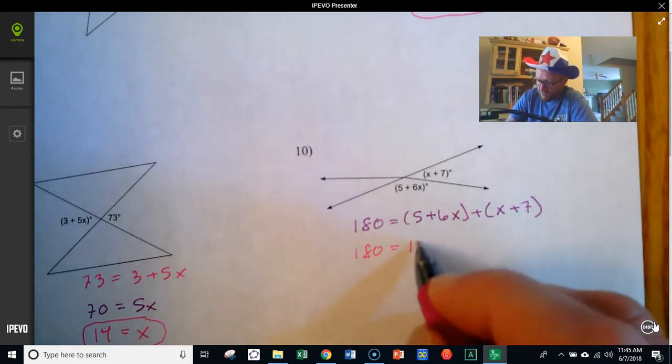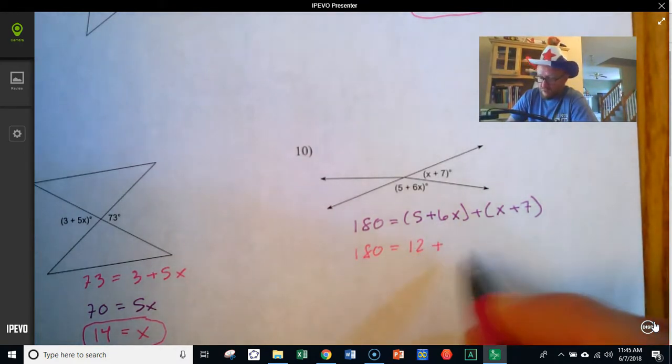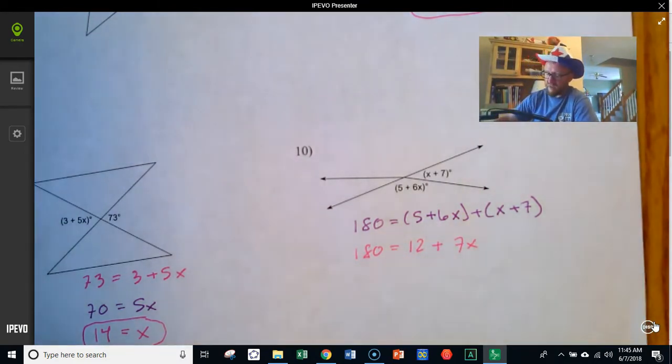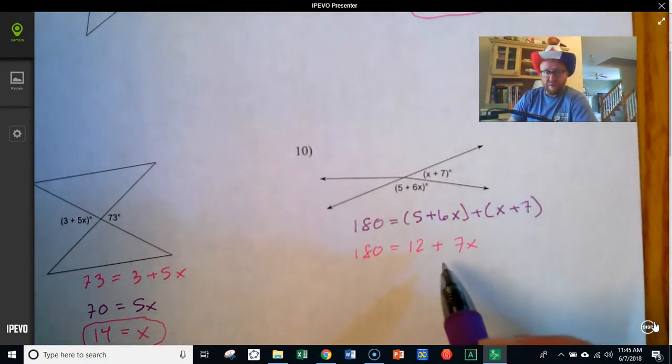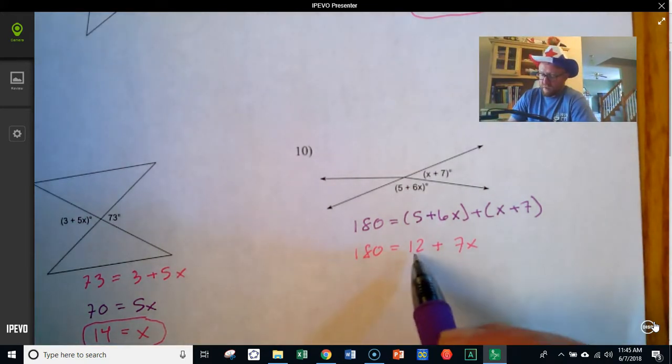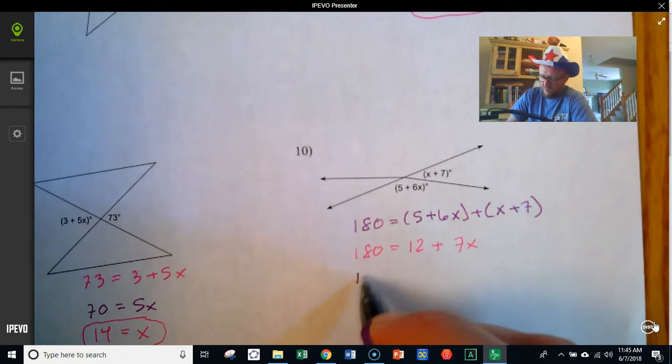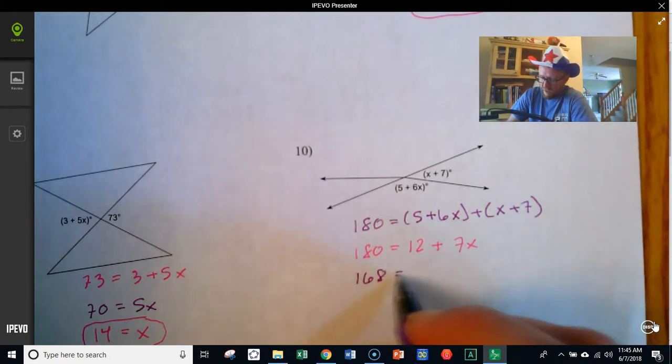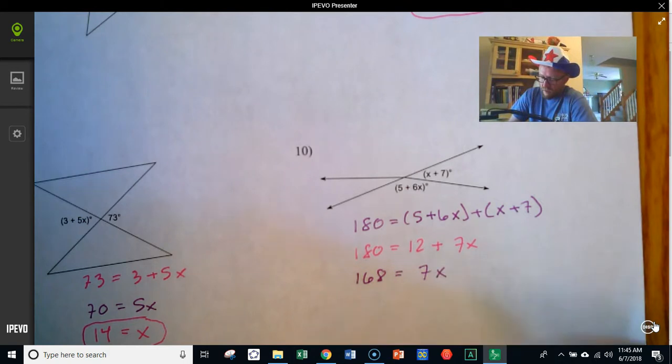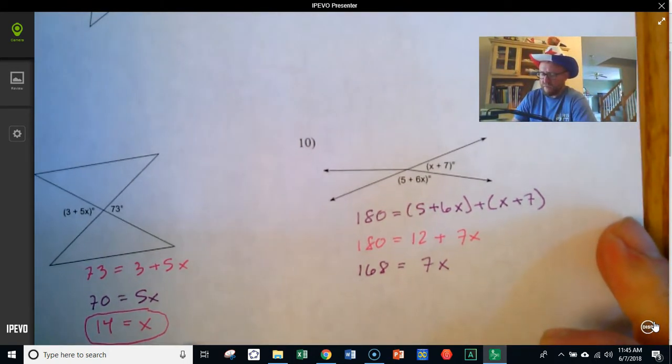So 5 and 7 is 12, and 6x and 1x is 7x. So I want to get the variable term by itself, so I want to get rid of this 12 here. That's 168 equals 7x. Divide by 7 on both sides.